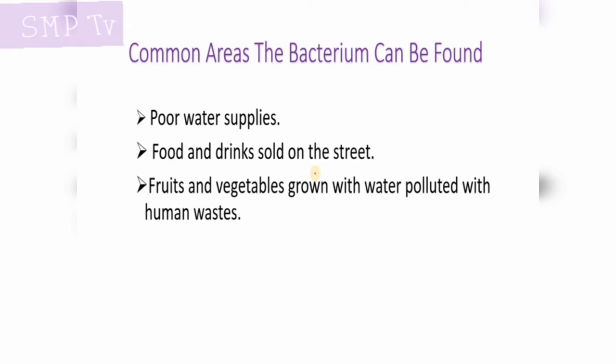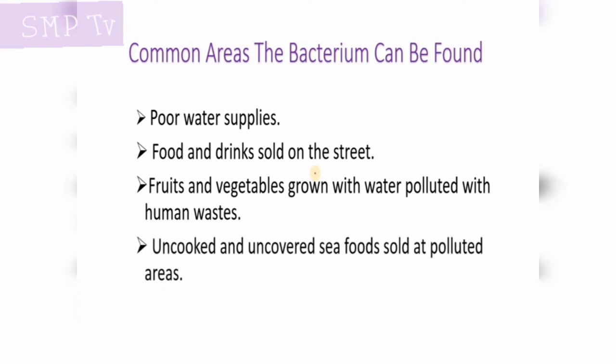Fruit and vegetable grown with water polluted with human wastes. There are some areas where people cultivate fruit and vegetable, and they use waste water to water it. And then uncooked and uncovered seafoods sold at polluted areas.